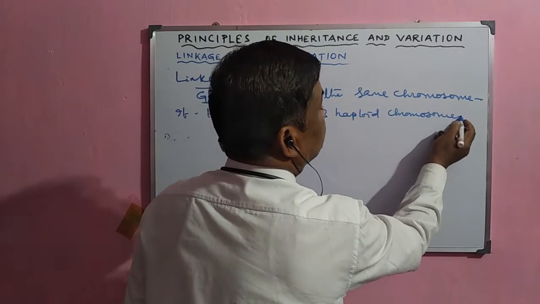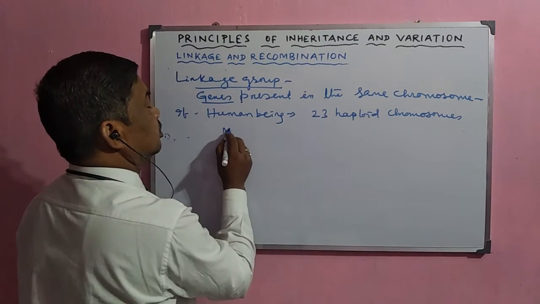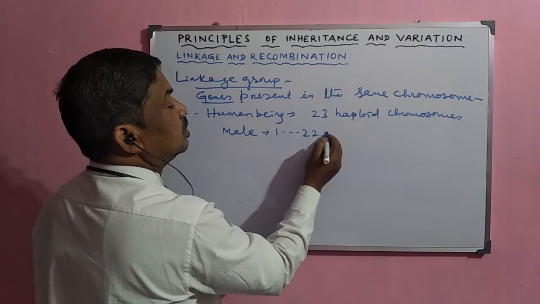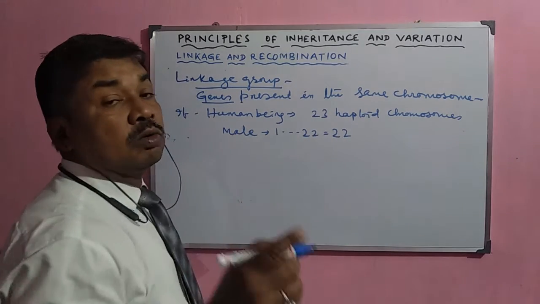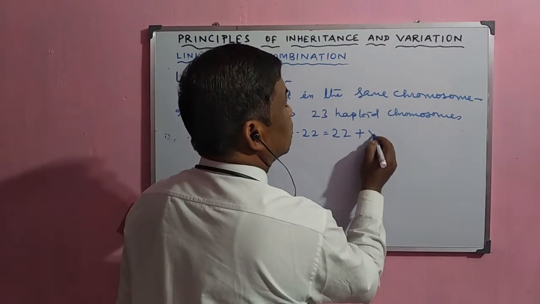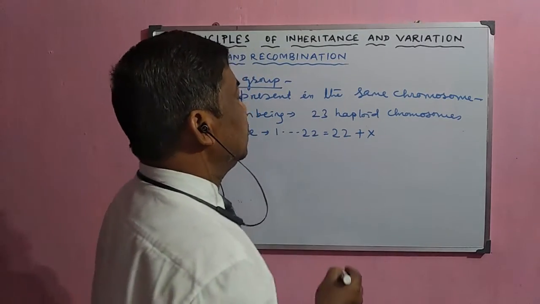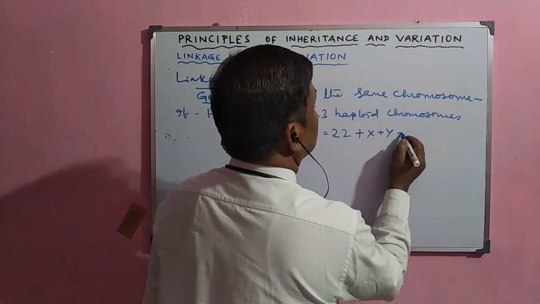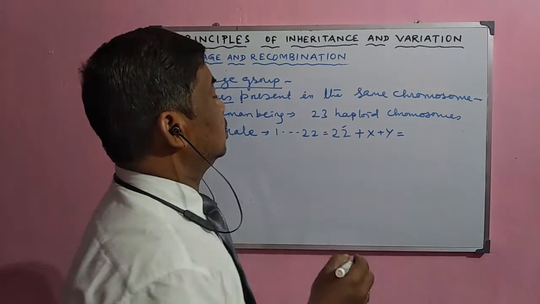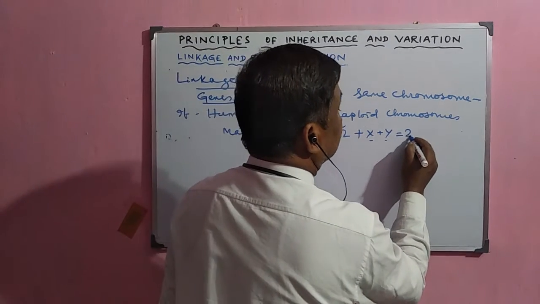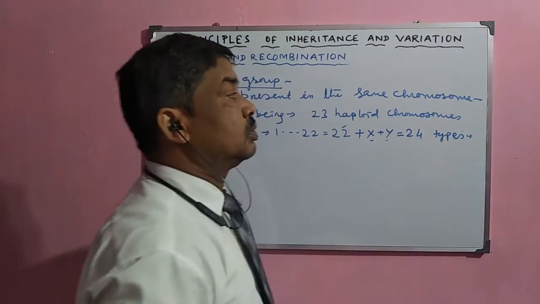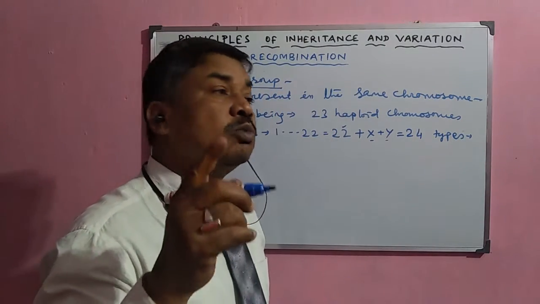In human males, the autosomes number 22, and the allosomes are of two different types: one X chromosome and another Y chromosome. So there are 22 types of autosomes, 1 to 22, then X and Y. That means there are 24 types of linkage groups in a human male.